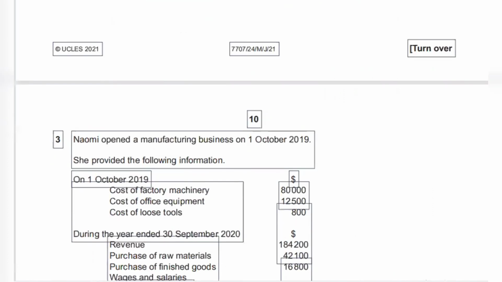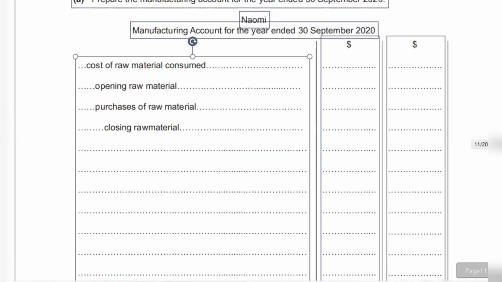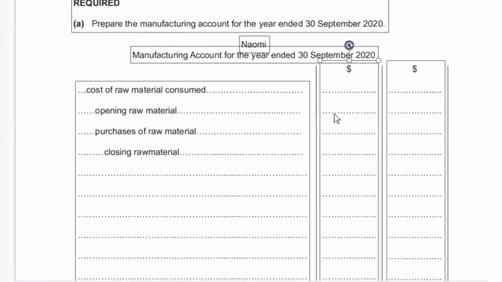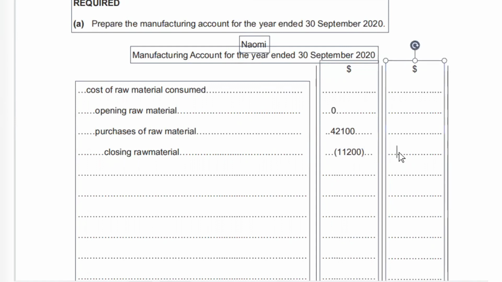We don't have any opening balances of inventory, so the opening raw material would be 0. The purchases would be 42,100 and the closing would be 11,200. So the net would be 30,900.